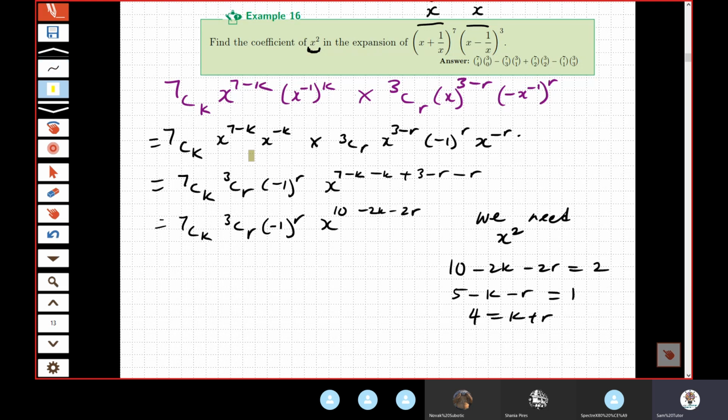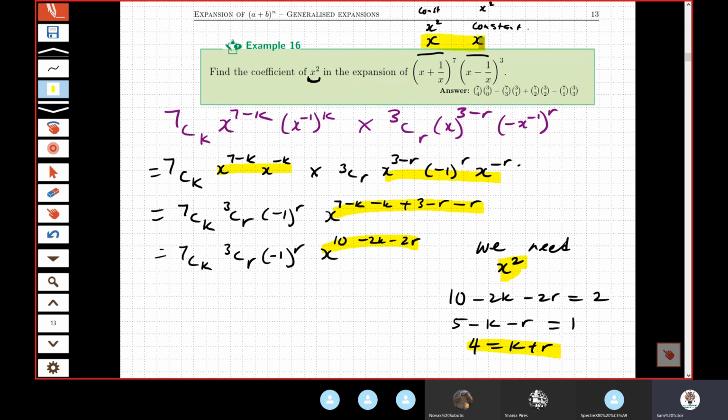And just so you guys can all see, that's all the math that's been simplified. So this works. As long as 4 equals k plus r, I will get my x squared. So without expanding, that's the only way you're going to get those cases that we just spoke about up here.